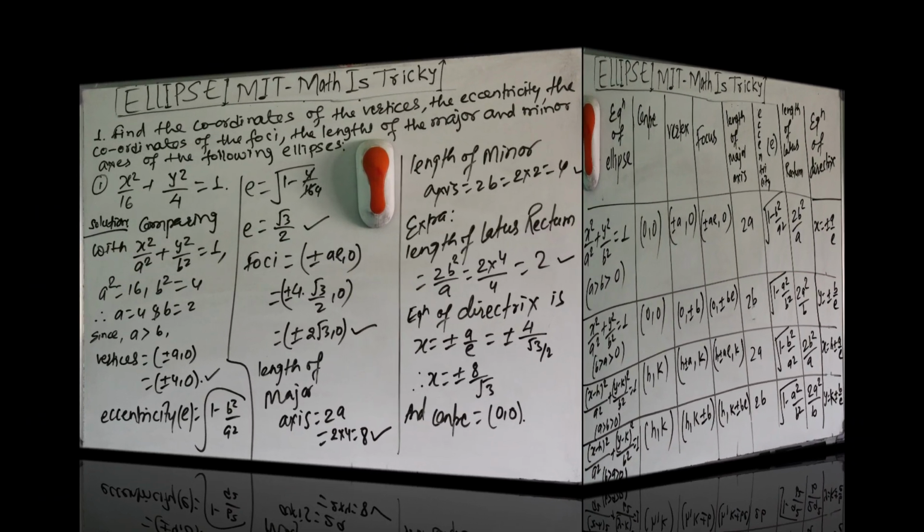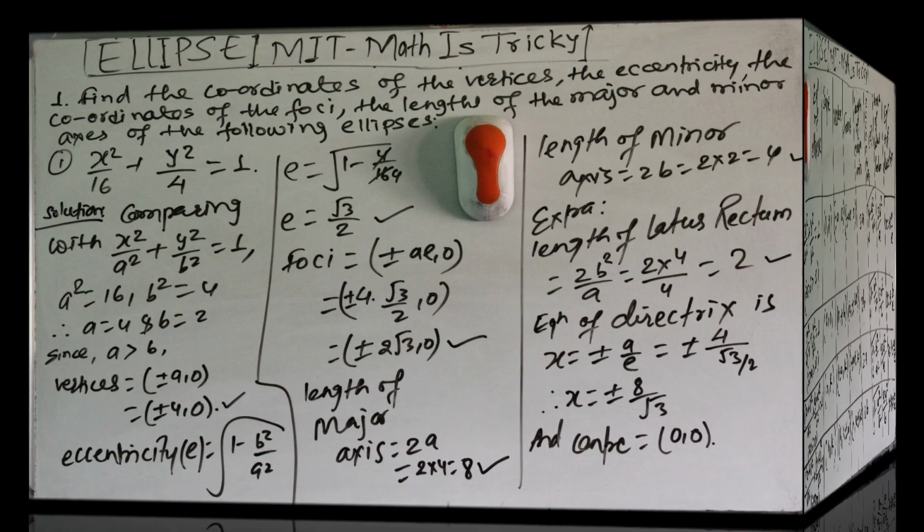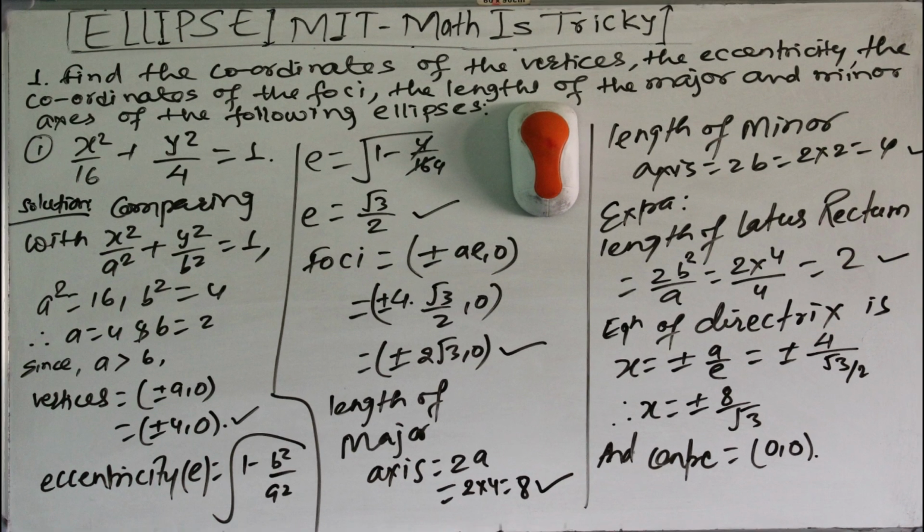The first problem I'm taking here, question number 1. In this question, we have to find the coordinates of vertices, eccentricity, coordinates of foci, and length of major and minor axis for the following ellipse.